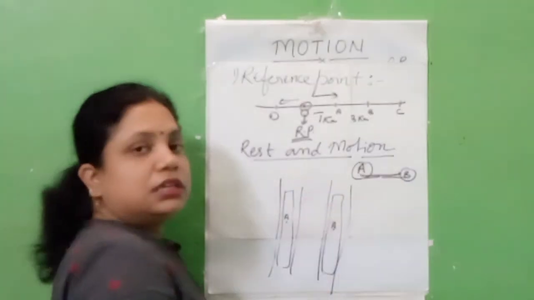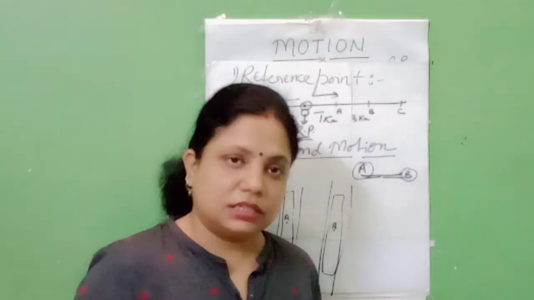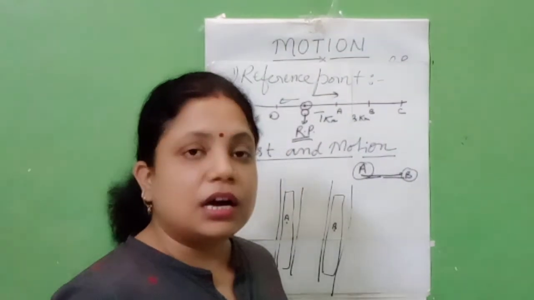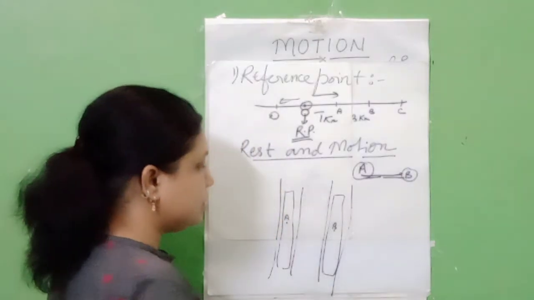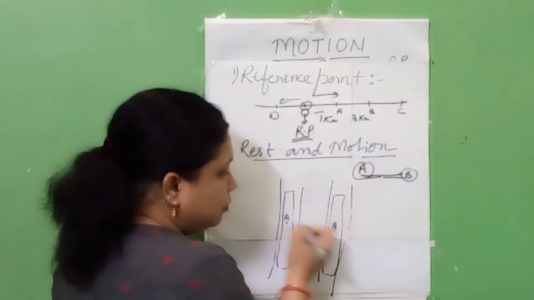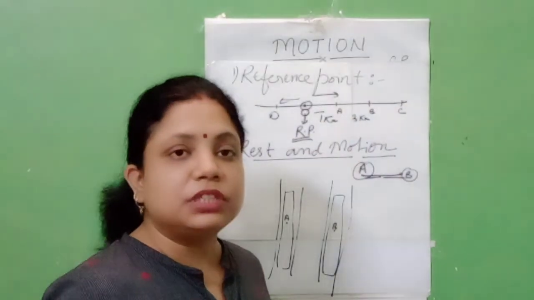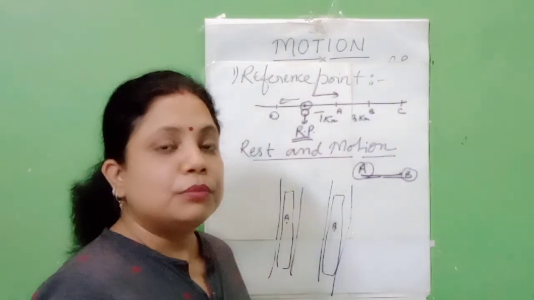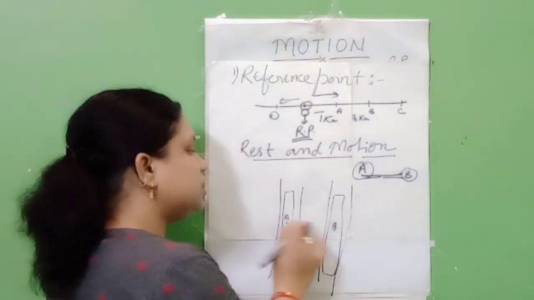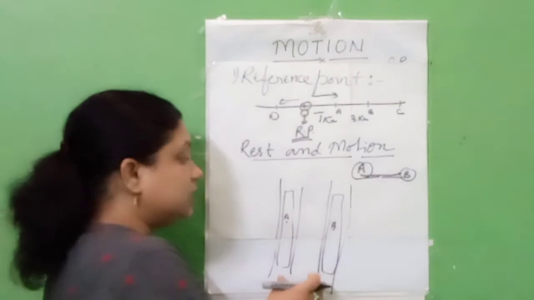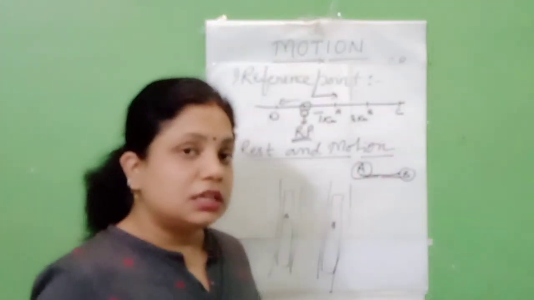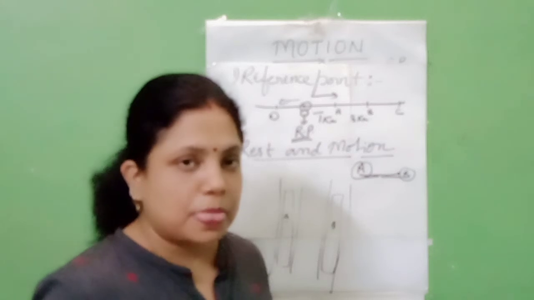When these two trains start moving, after some time we observe that A and B have covered some distance but they are at rest. How? Because there is no change in their position. These trains are moving with the same velocity and for the same time.